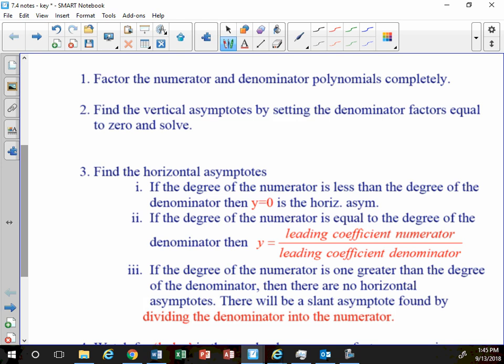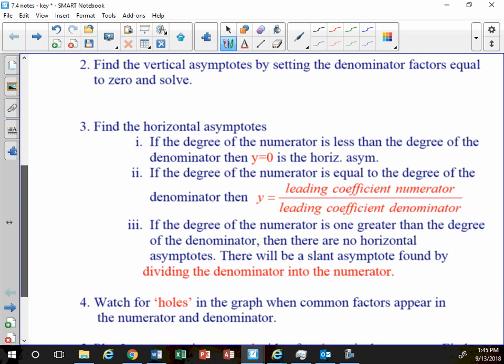We also have horizontal asymptotes. Do you guys remember talking about top heavy, bottom heavy, or equal? If the degree of the numerator is less than the degree of the denominator, that means bottom heavy. You always end up with y equals 0.